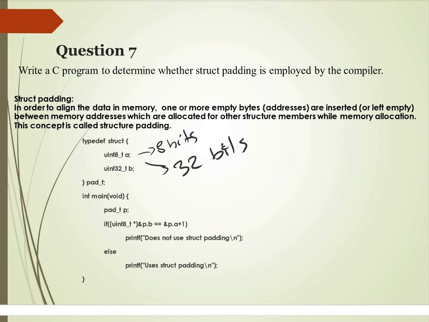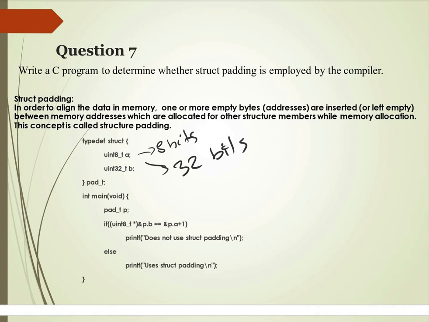In other words, if A and B are allocated back to back in memory, it means there is no struct padding. But if their spaces are separated by more than 0, there are some empty spaces or slack between these two.